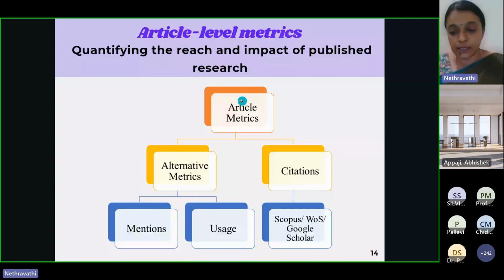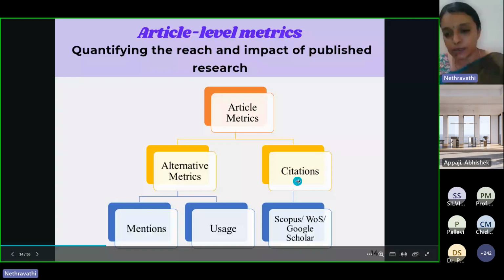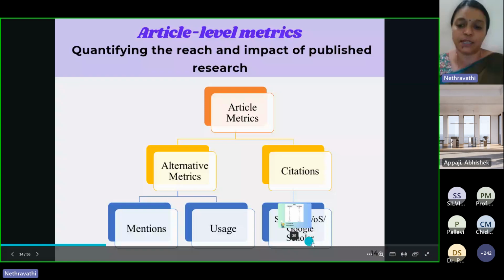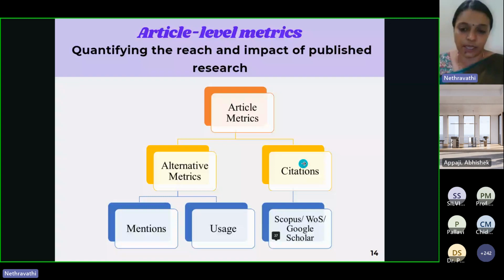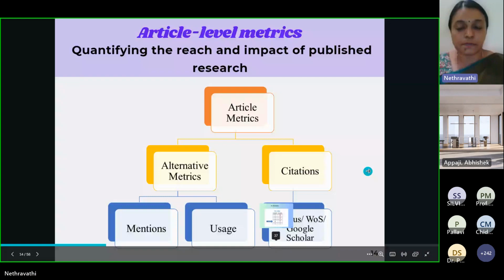Where do these citations come from? They are taken from Scopus, Web of Science, or Google Scholar. These three sources tell how many citations a particular article has received.